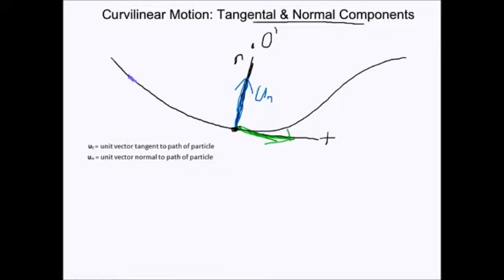This segment has its own center of curvature, and to the center of curvature we have the radius of curvature, rho. Maybe right here we have a center of curvature for this rho. Essentially, rho is the radius at that particular spot in time.